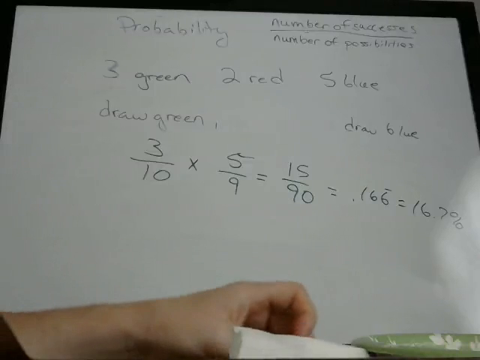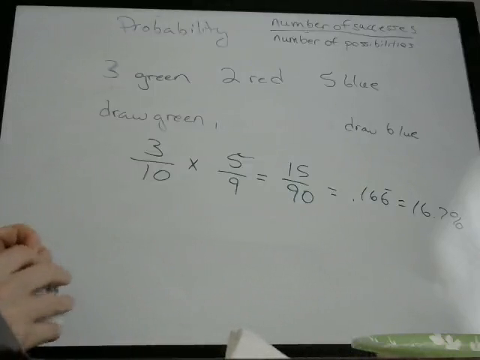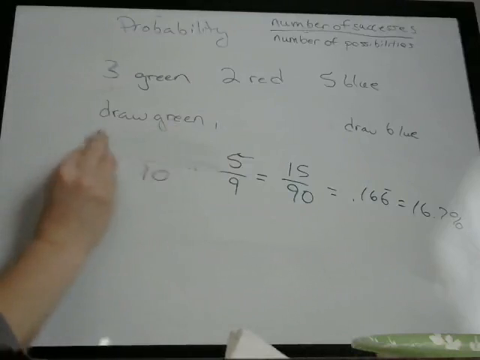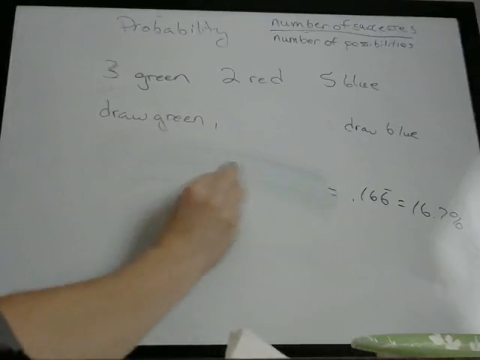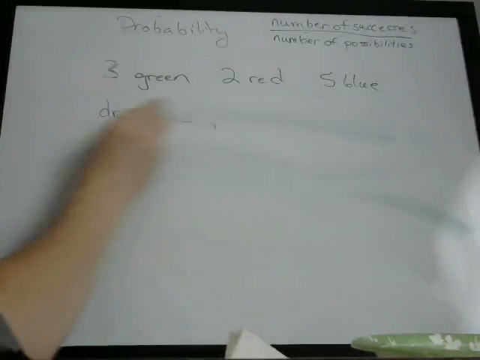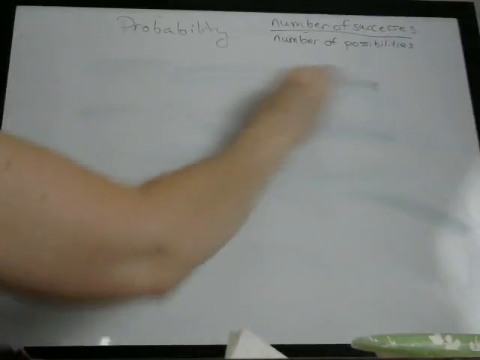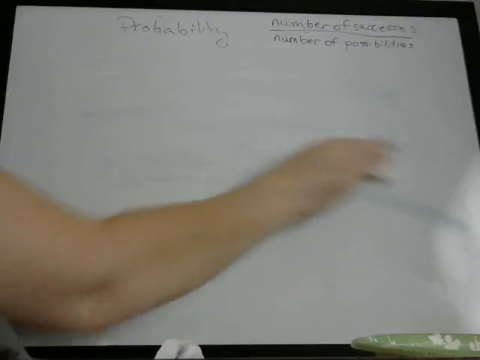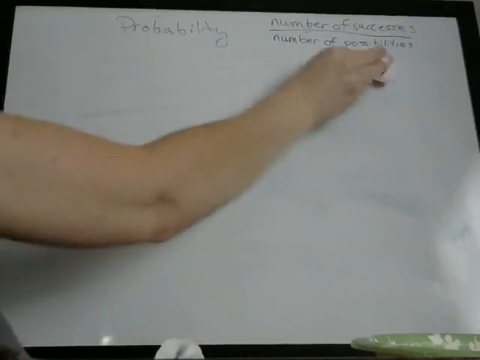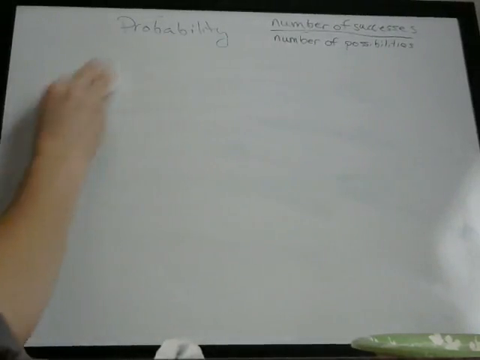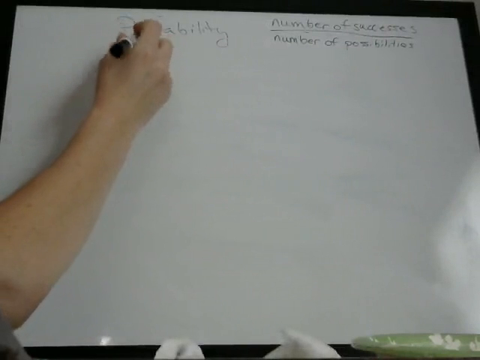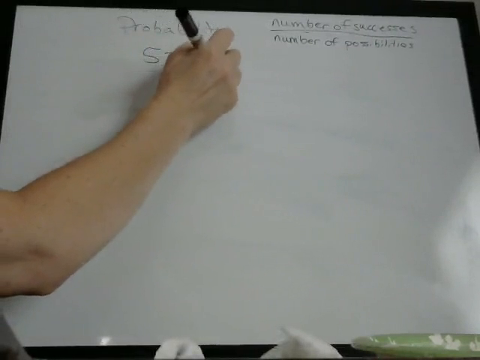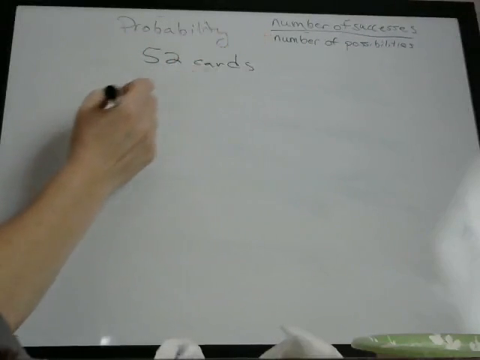The only other thing I would say about this is sometimes they do problems involving a deck of cards, and so make sure that you're familiar with what goes into a deck of cards. So we'll do one more problem like that. So in a deck of cards there's 52 cards.